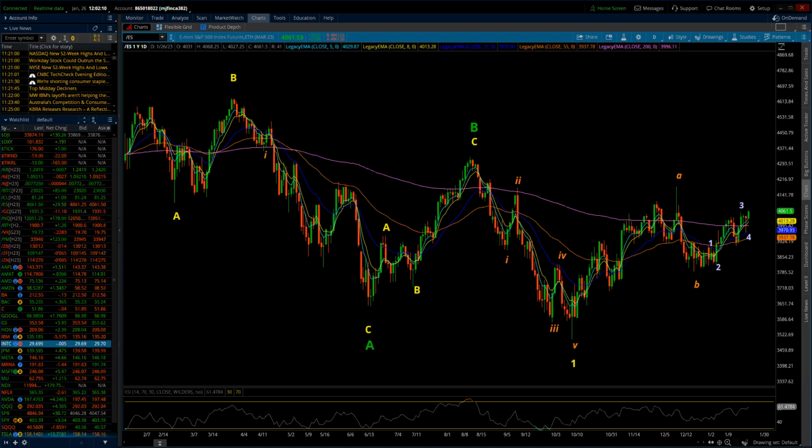So he could get his hourly count. In other words, once an hour, he wrote down where the index was. Then at the end of the day, he plotted it and connected those dots, thus the beginning of the Elliott Wave principle.